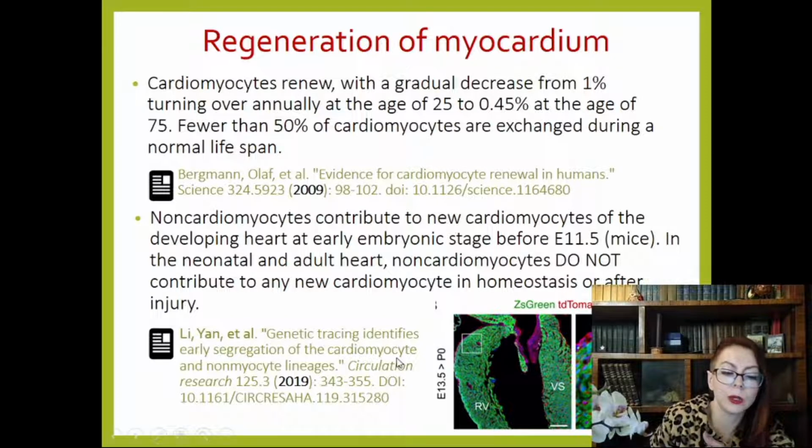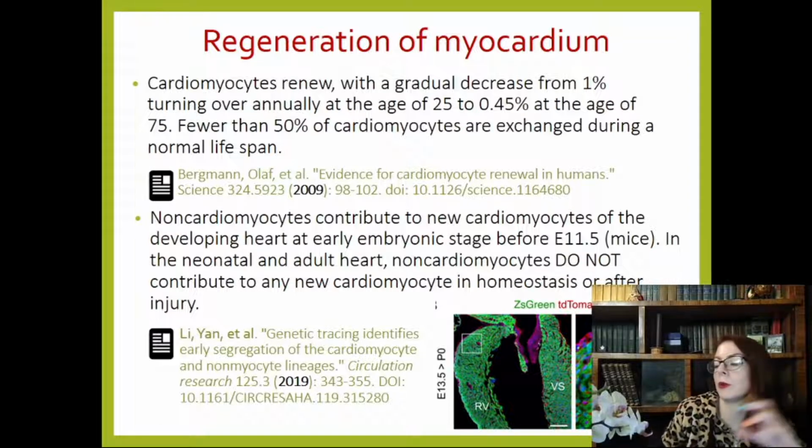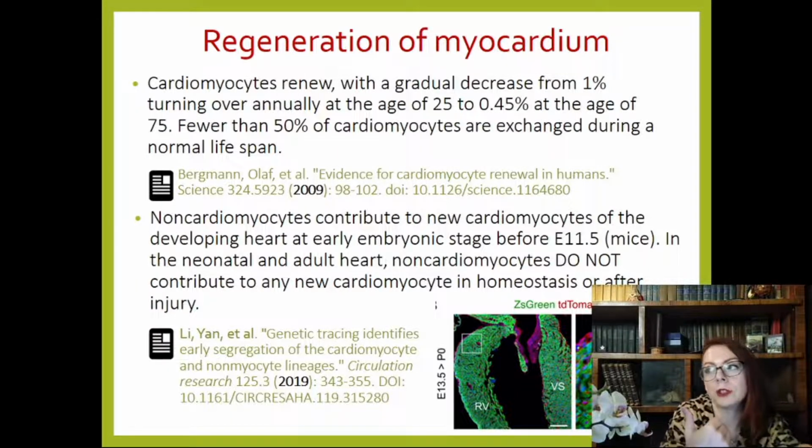And these are two hyperlinks to very interesting articles. If you want to be sure, then please read them. Also, in regenerative medicine nowadays, even in humans, mesenchymal stromal cells are used. They are injected in the region of myocardial infarction or into the bloodstream. It is believed that mesenchymal stromal cells differentiate into cardiomyocytes.